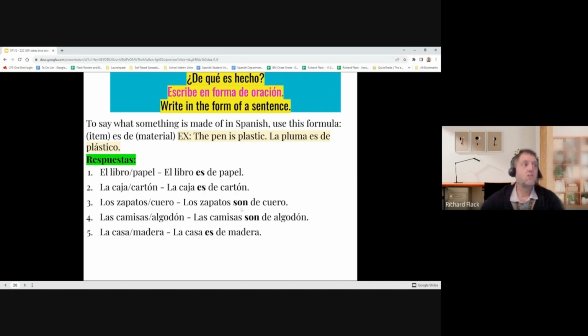Los zapatos son de cuero. Make sure you have son here because we're plural. Los zapatos son. The shoes are leather. Las camisas son de algodón. The shirts are cotton. La casa es de madera. The house is wood, made of wood.